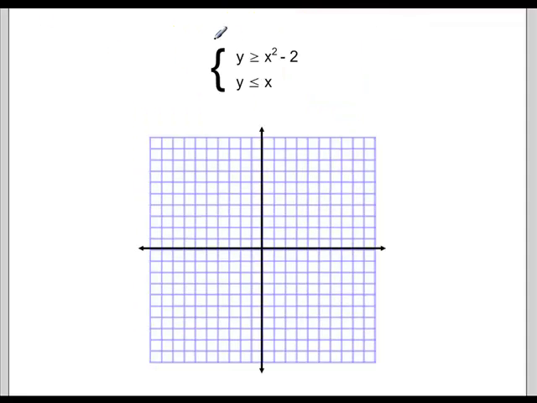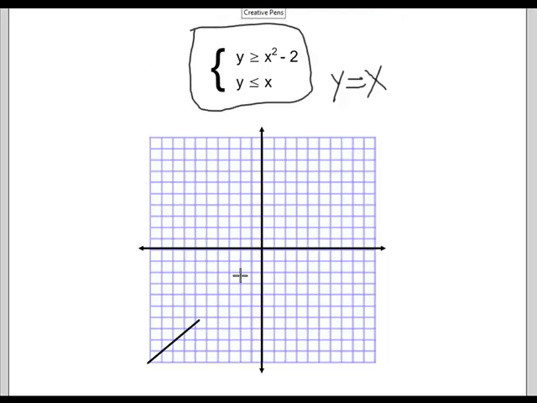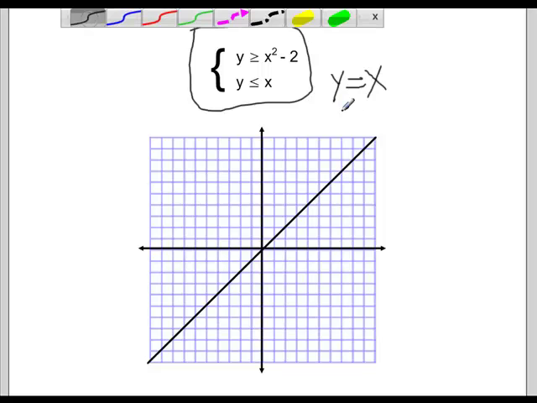Now we get to the system. So this is a system, and we're going to have to consider more than one inequality. Ready? Let's start with the easy one here. y is equal to x. We did this one already. It's a line. Now let's figure out what side it needs to be on.